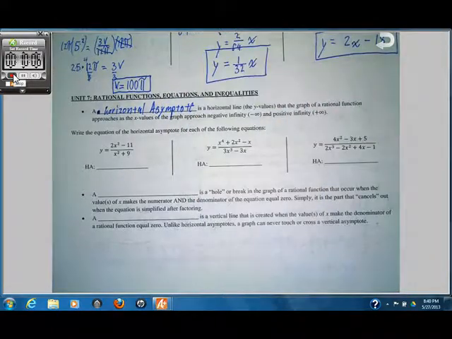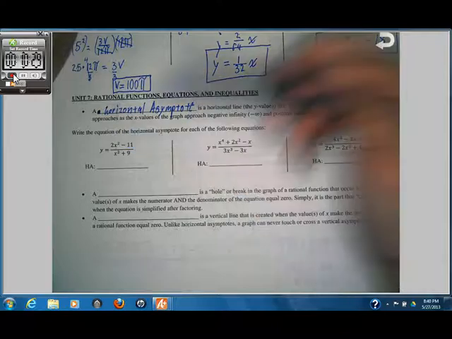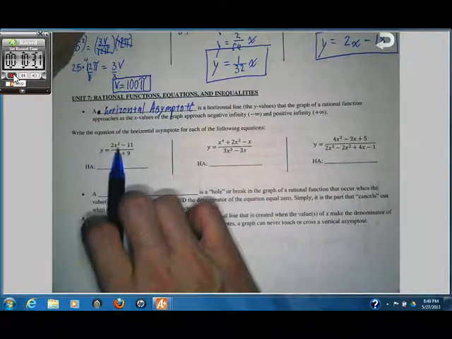So if I look at our first example, here we have 2x squared. That means it is a second-degree polynomial. I do not care about the constant -11. Here in my denominator, I have x squared plus 9. So they're both second-degree polynomials. Okay, as x gets bigger and bigger and closer to infinity, the difference between -11 and positive 9 becomes so small, so slight, that it really doesn't matter.